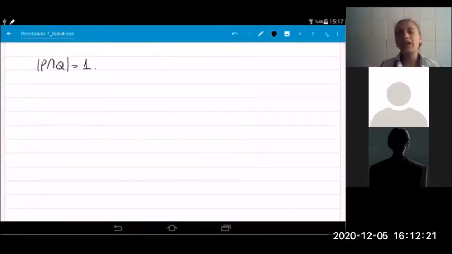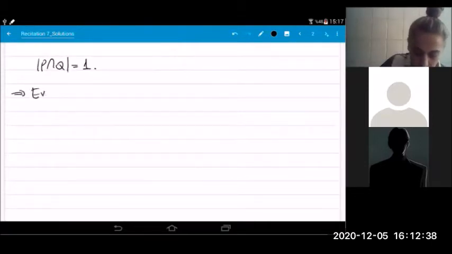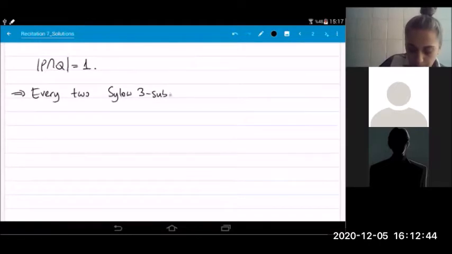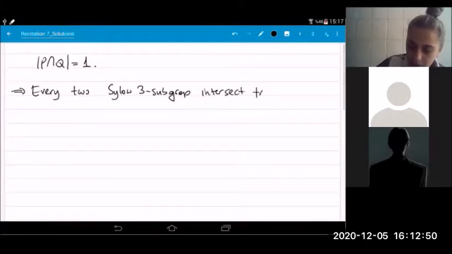This means that if you take two different Sylow 3 subgroups and choose any pair you like, they always intersect trivially. This means that every two Sylow 3 subgroups intersect trivially.